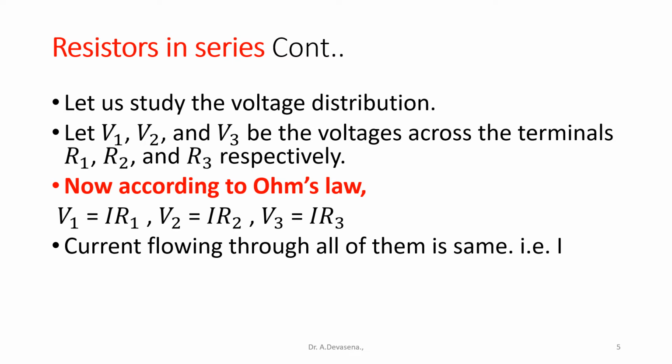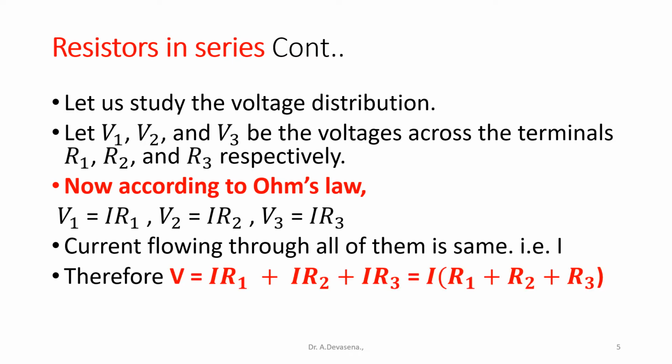Current flowing through all of them is same, that is I. Therefore, V is equal to IR1 plus IR2 plus IR3. That is nothing but I into R1 plus R2 plus R3.